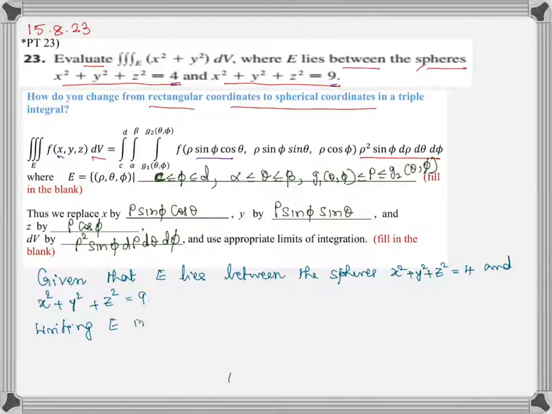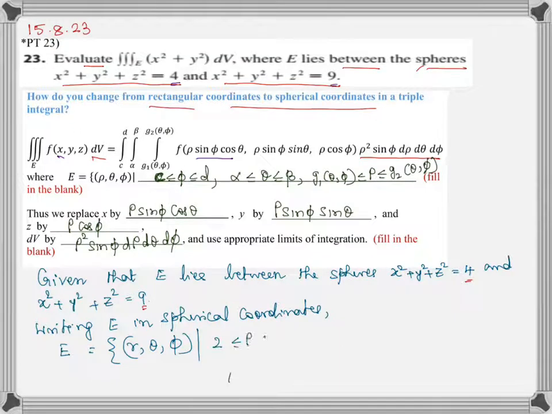So writing E in spherical coordinates, we write E as (rho, theta, phi), where rho ranges from the lower value of the radius to the upper value, which is 2 to 3. So 2 is less than or equal to rho less than or equal to 3, theta runs from 0 to 2 pi, and phi runs from 0 to pi.